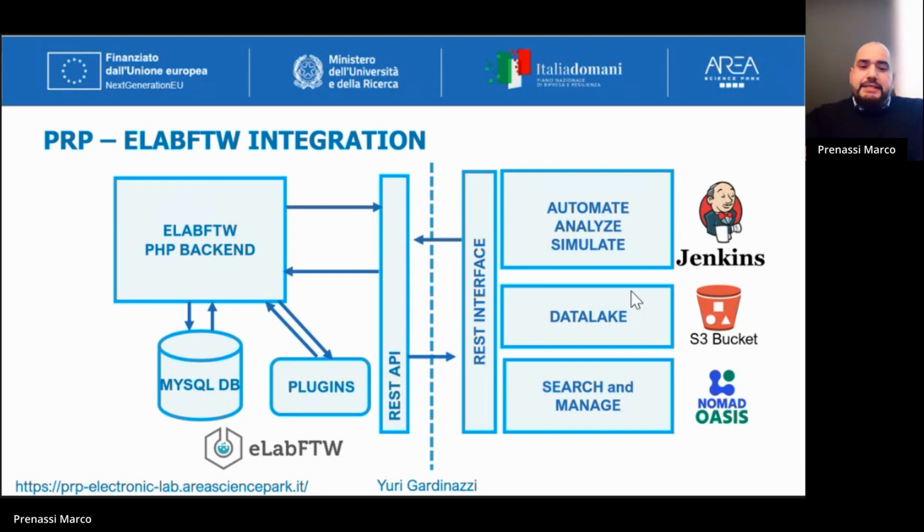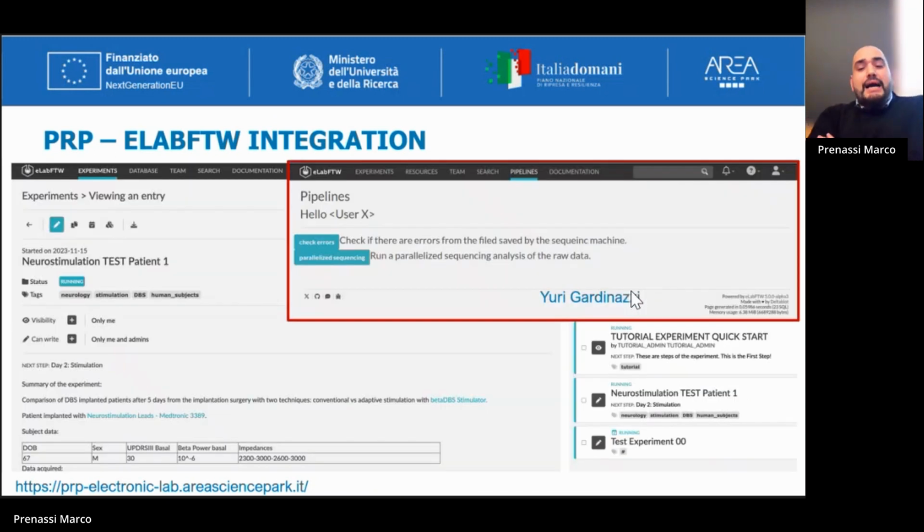And this is the architecture, but I'm going directly to the screenshots, because now we can use the electronic notebook not only as an electronic notebook, so we write down our experiment. We can use it also to launch our pipelines, to check our experiments remotely, directly by eLab.